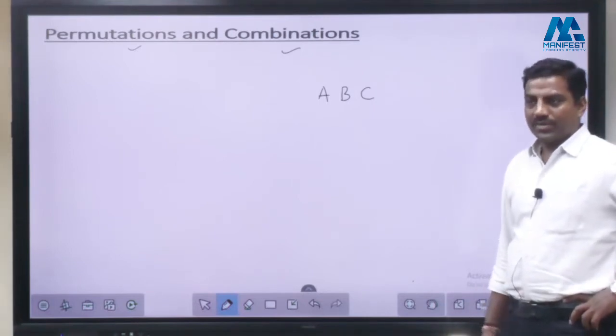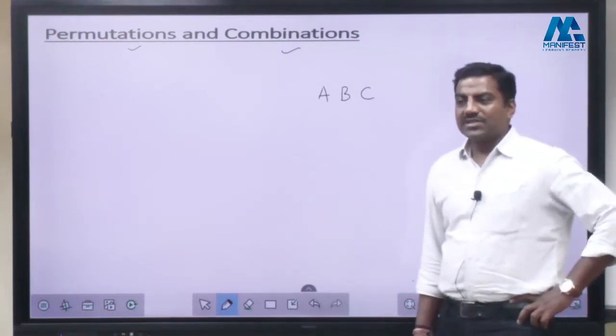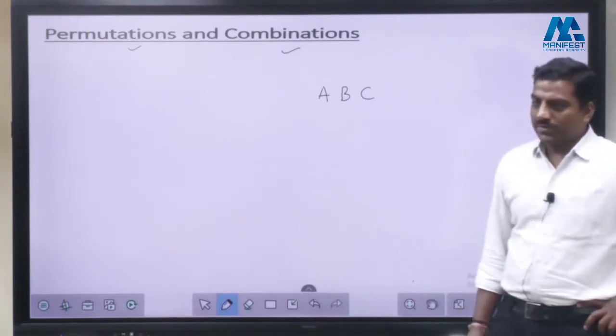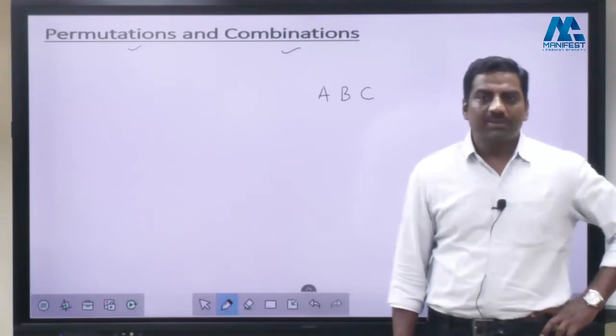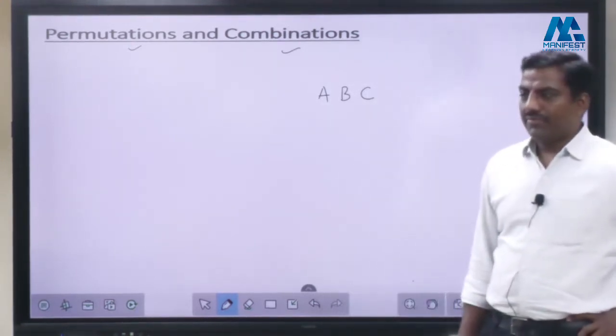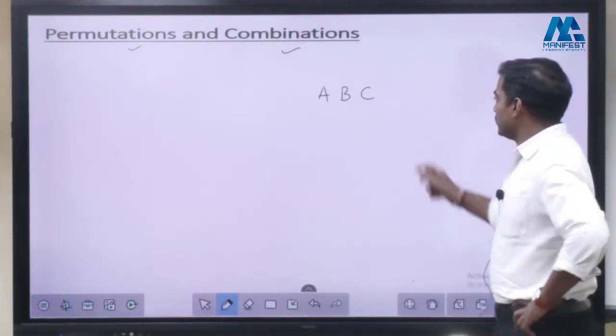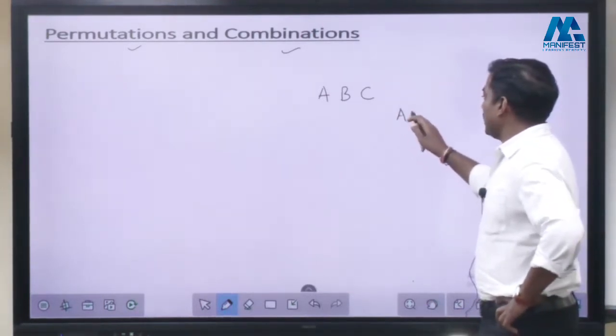So in how many ways can I select 2 persons out of these 3 persons? You try. 3 persons are there. You have to send 2 people for playing TT doubles. So in how many ways can you select them? 3 ways. Which all are those ways? AB is one.